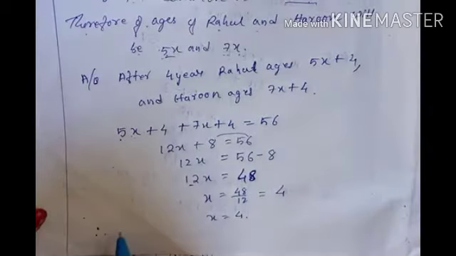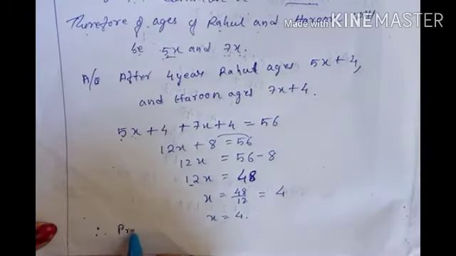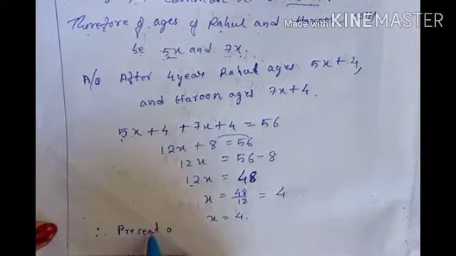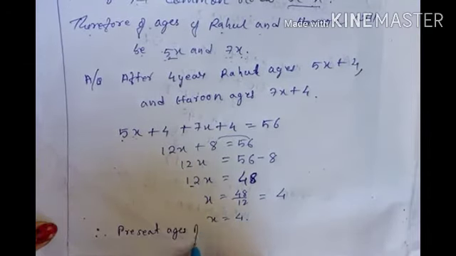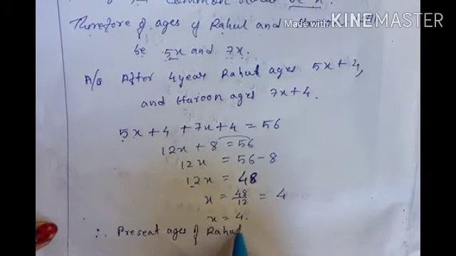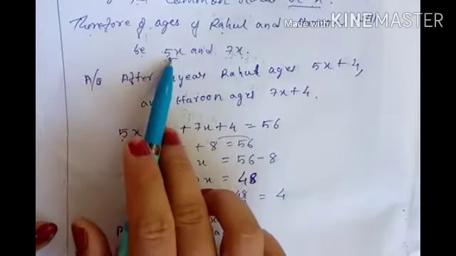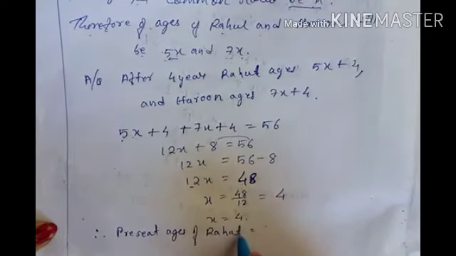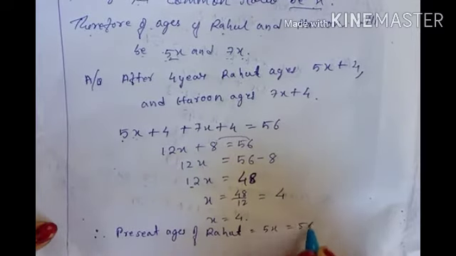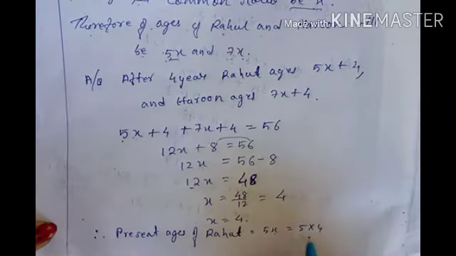Therefore the present age of Rahul, which we assumed as 5x, means 5 into 4, since x is 4. 5 into 4 is 20 years old.